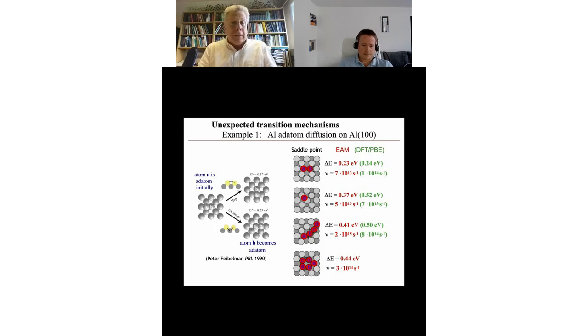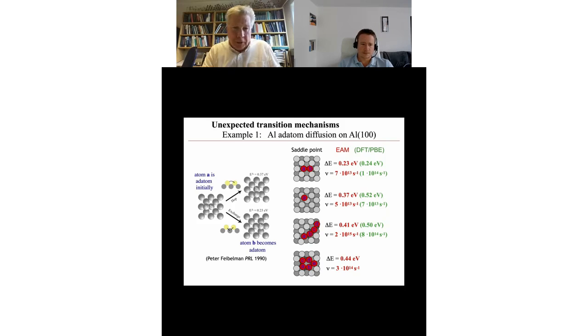Absolutely, this is absolutely right. Because, for instance, in this case, even though all aluminum atoms here are equal, atom A and atom B are different. And in an NEB calculation, the final state here is different. In the hopping mechanism, it's atom A that ends up being the atom in the final state.